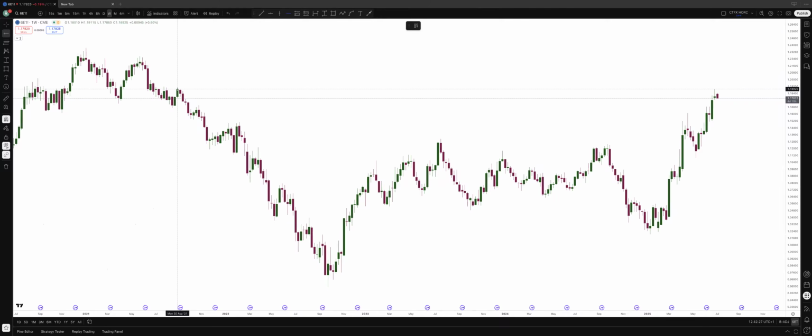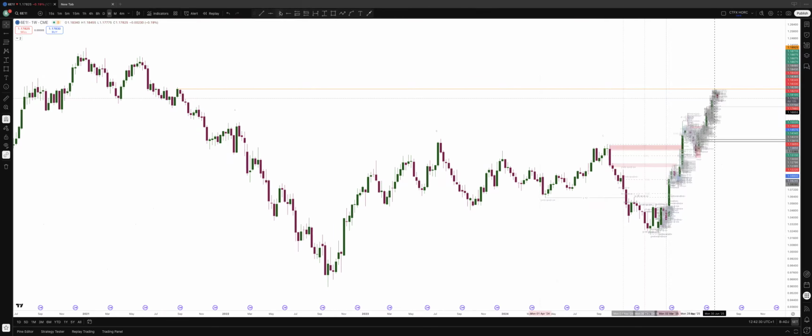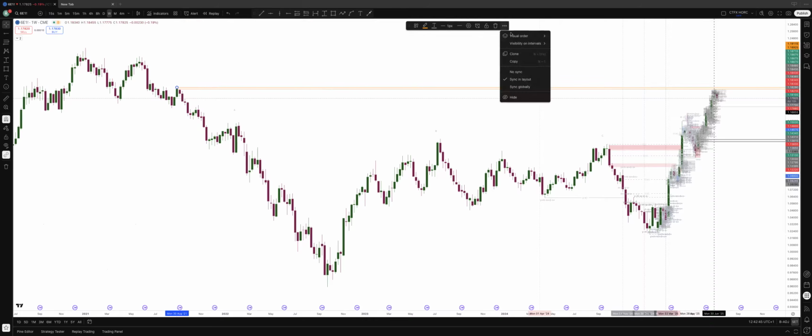In fact, this is a very, very interesting one. You can see this week here is wow. That's a very, very interesting weekly zone. For those of you traders, that's a rejection block right there.